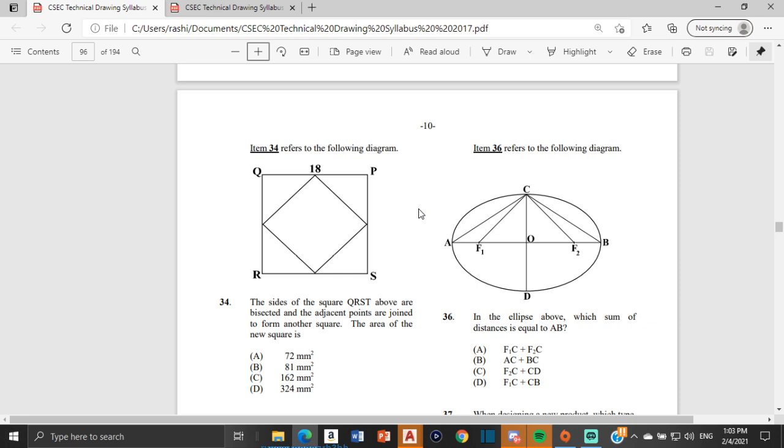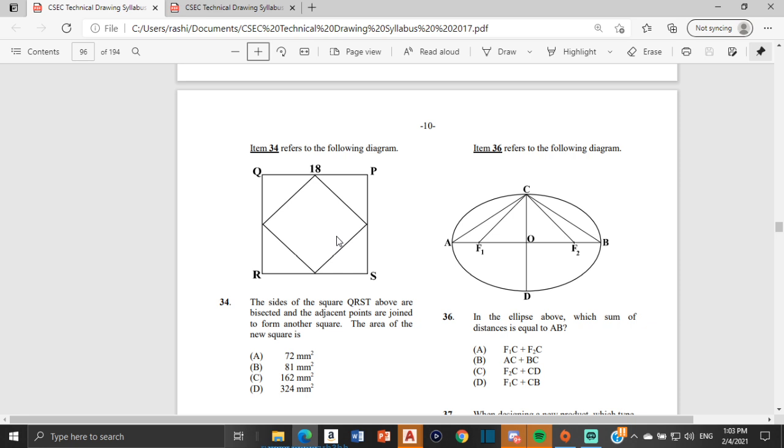Because if you have a square and then you find the midpoint of all four lines of the square, and you join those to get a diamond, then that diamond, or square, is going to be half the area of the larger square. So in this case, the area of the large square would be 18 times 18, which would be 324, and if you divide that by 2, you get 162. So the answer would be C, 162 millimeters squared.